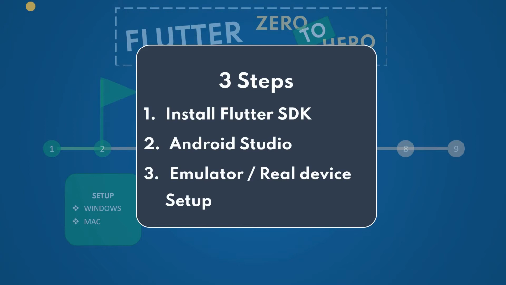Actually, in Windows you cannot run iOS apps, but the apps built by Flutter you can run on that emulator. We will see how to set up that virtual device in Windows in this video.